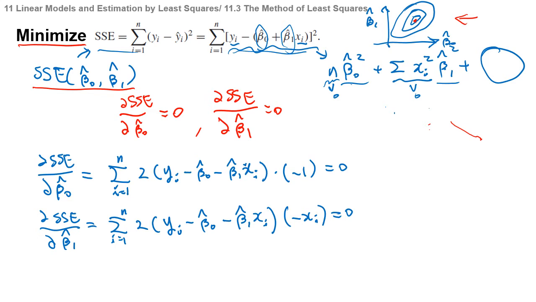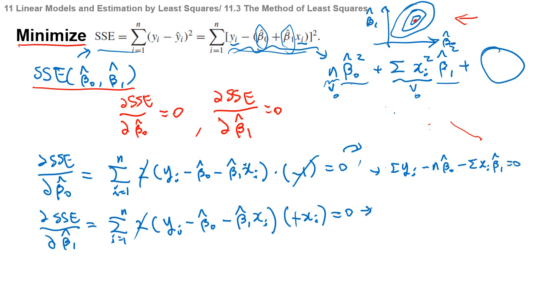Okay, let's re-express these two terms. Firstly, we can divide both sides by 2 and also flip the sign, so now this one becomes the sum of yi minus n beta 0 hat minus the sum of xi times beta 1 hat equals 0.